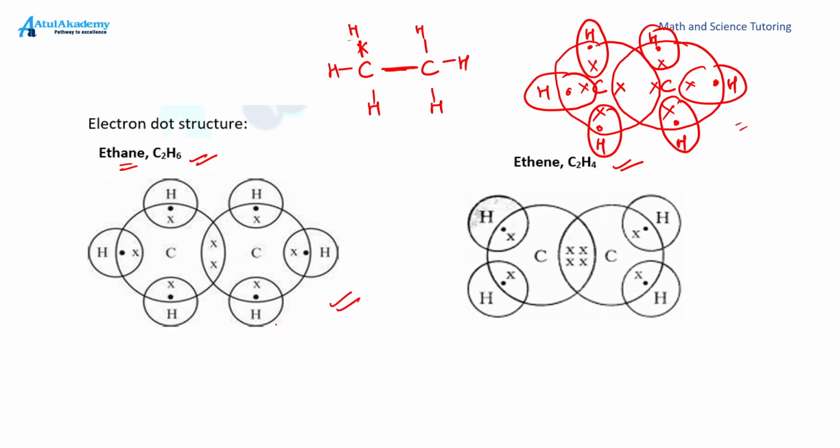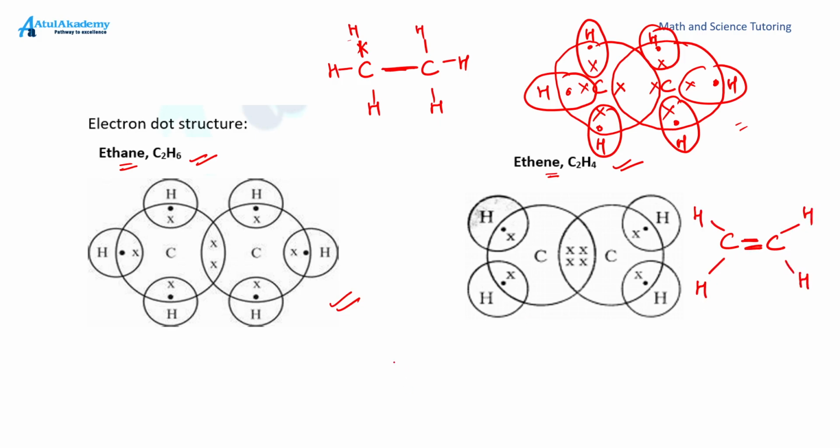Now let's talk about ethene. Ethene has a double bond between the carbon atoms. Ethene structure is like that. So if you see, two pairs of electrons are shared over here. So two pairs of electrons done, only two are left. So it has one hydrogen here. Two for this are left, so only two hydrogens over here.